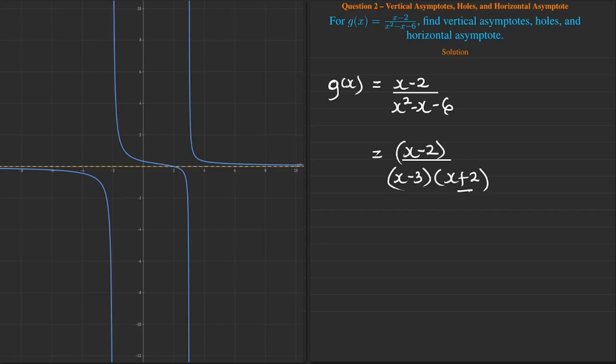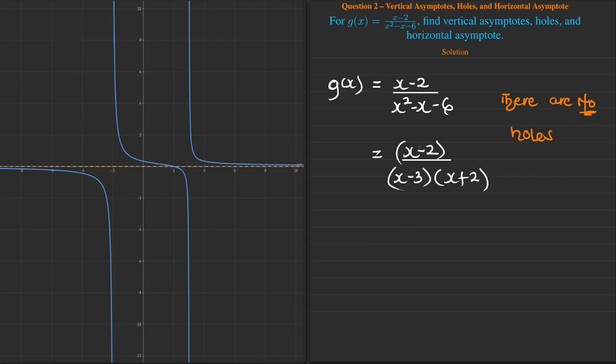This is a plus 2 and this is a minus 2, so it can't be cancelled out. Now, if there's nothing to cancel out, that tells us that there are no holes. So first of all, we can say there are no holes. Let's go on and solve for the vertical asymptote.